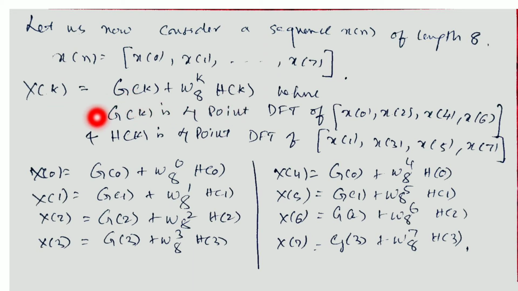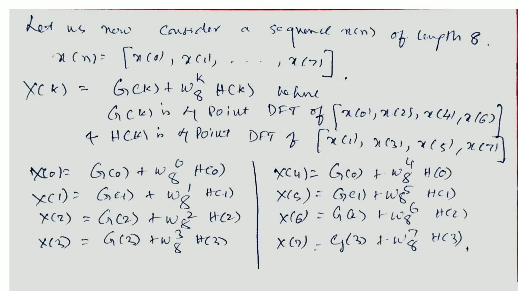So x of k is equal to g of k plus w8 power k h of k, where g of k is the 4-point DFT of even indexed values of x of n, that is, x of 0, x of 2, x of 4 and x of 6. Similarly, h of k is a 4-point DFT of odd indexed values, namely x of 1, x of 3, x of 5 and x of 7.